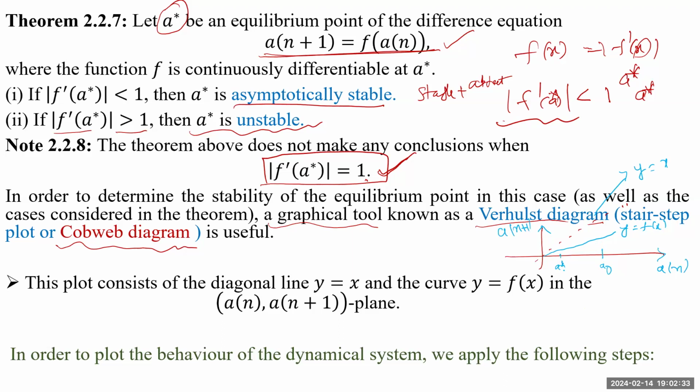What we are going to do first: a stair step plot means the diagram consists of horizontal lines and vertical lines.